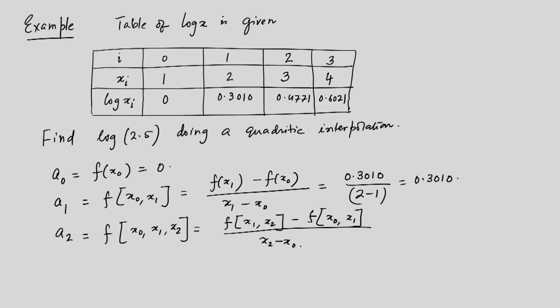Now, we need to calculate f x 1 x 2 which means it is f x 2 minus f x 1 divided by x 2 minus x 1. All these values are given here. So, we can use them and calculate this value, and then this value is already known, and one can get a value which is 0.4771. I am giving you up to 4 digits of accuracy. If you wish more, please go ahead.